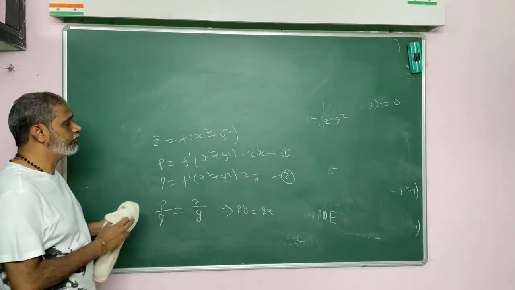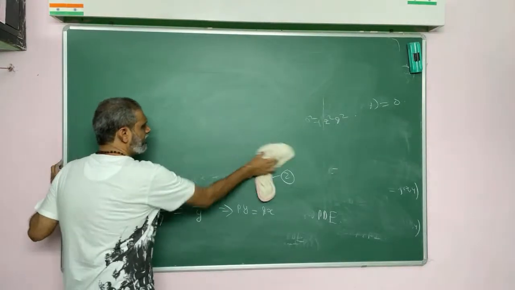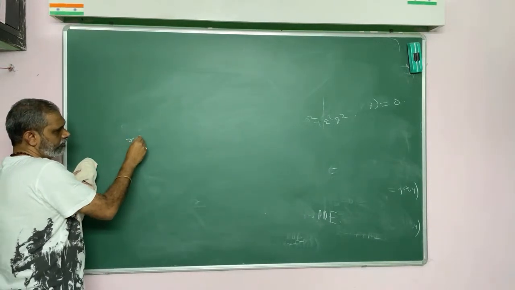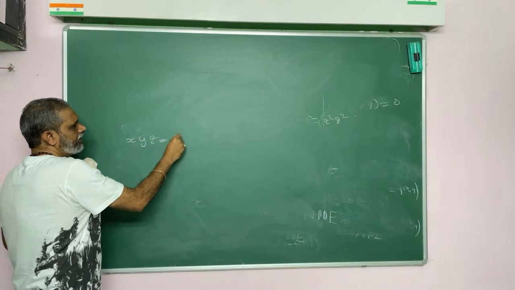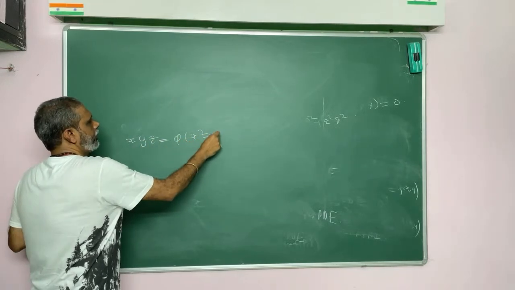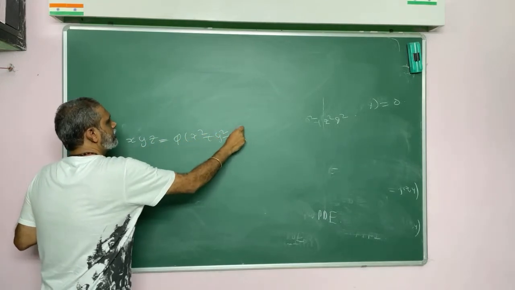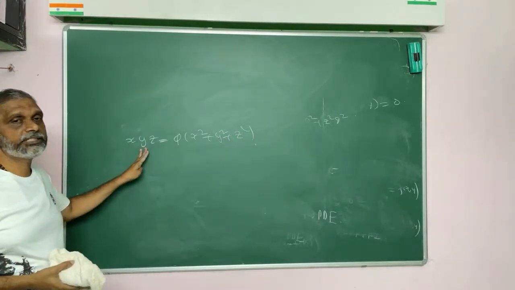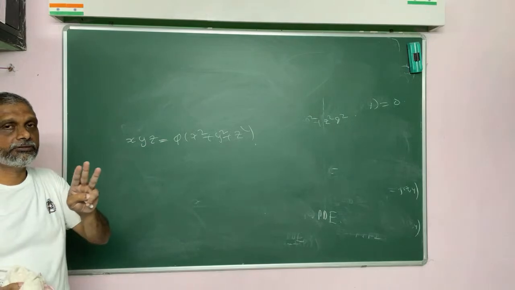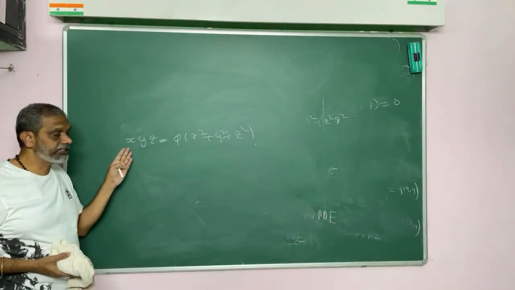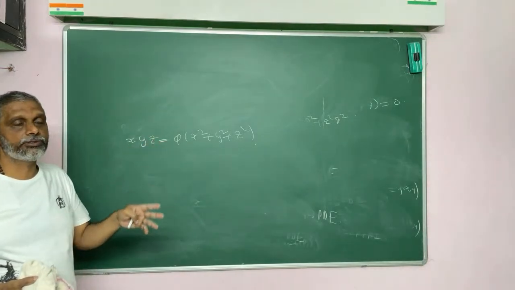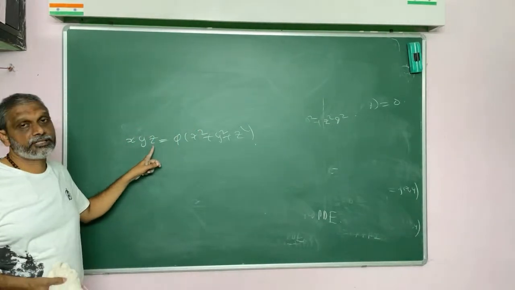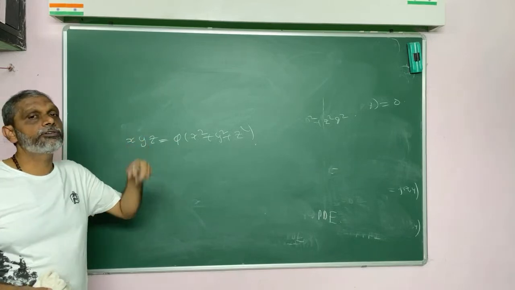In this also you may have somewhat tough problems. Not tough actually, you can think and do. Suppose you may have this: xyz is equal to phi of x square plus y square plus z square. This problem I may already have told you in classroom. It will appear 3 times throughout this first unit. So the first time, how do we remove the function? With respect to x, if you differentiate, z is also a function of x and y, so you can follow the UV method.